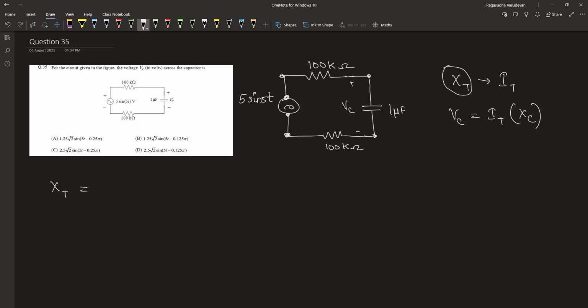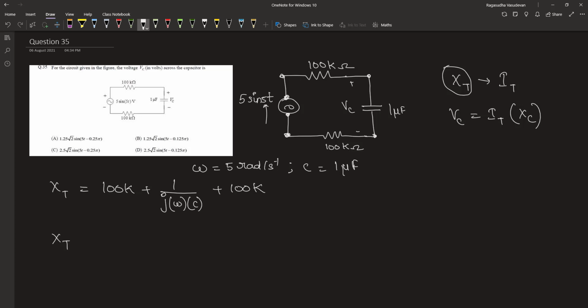The value of total impedance will be 100 kilo ohm plus 1 divided by j omega C plus 100 kilo ohm. The value of the angular frequency is given as 5 radian per second. According to this voltage source, we can just take the value of omega, and the value of the capacitance is given as 1 microfarad.